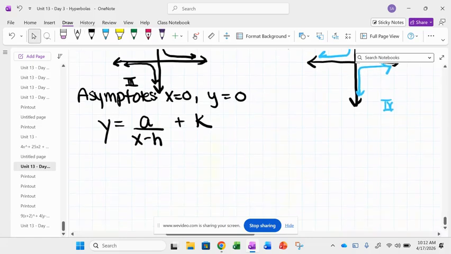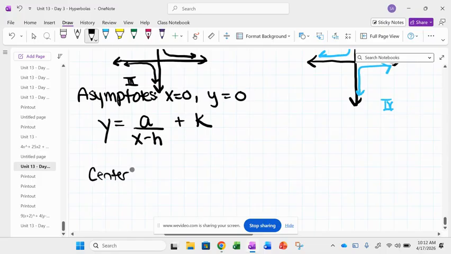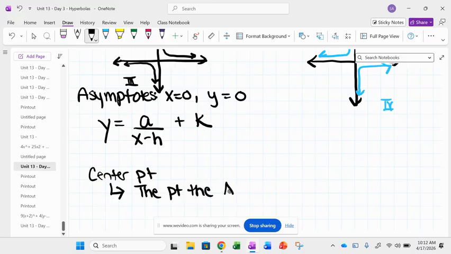Okay, so here, our center point, which is the point where the two asymptotes cross, is going to be the point h comma k.